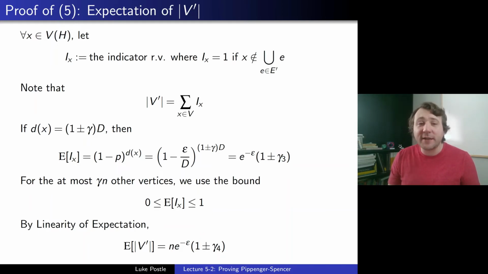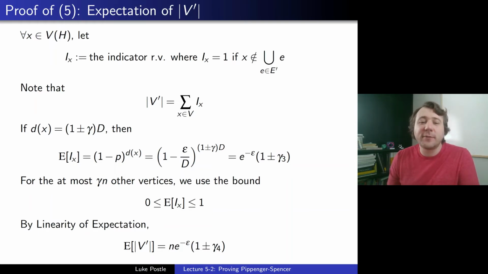But on the other hand, the majority we could control with this plus or minus gamma 3. And so somehow if we then let gamma 4 be gamma 3 plus gamma, then we'll indeed find the expectation of V prime is n e to the minus epsilon 1 plus or minus gamma 4.